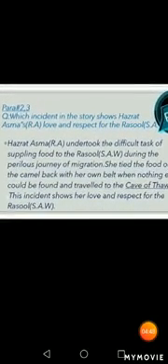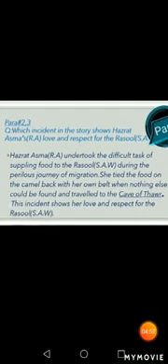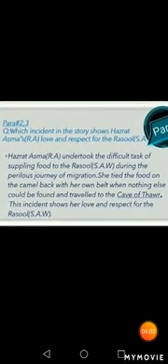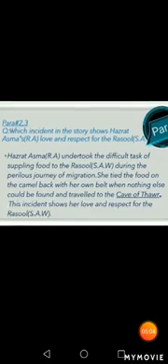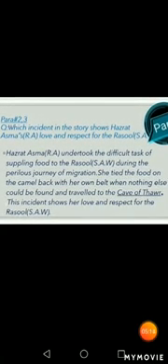Answer: Hazrat Asma Radhiyallahu Ta'ala Anha undertook the difficult task of supplying food to the Rasul Sallallahu Alaihi Wasallam during the perilous journey of migration. She tied the food on the camel's back with her own belt when nothing else could be found, and traveled to the cave of Thawr. This incident shows her love and respect for the Rasul Sallallahu Alaihi Wasallam. So, as per the rule, the whole incident is provided in the answer.